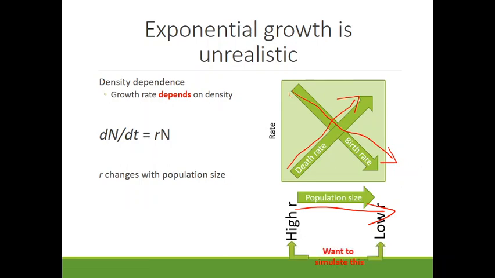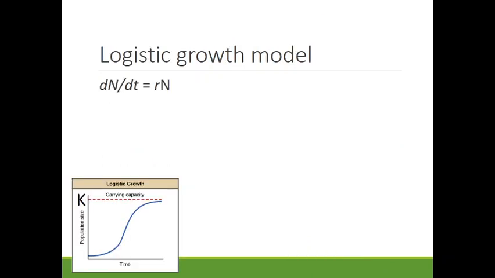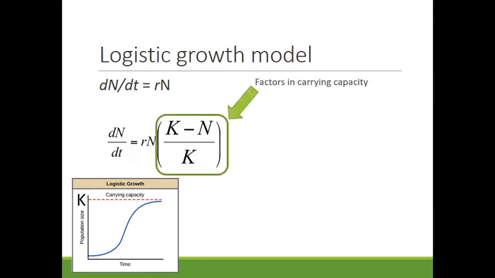So how do we simulate this? We want to simulate a changing r value with time. So we start off with that exponential growth equation, and we do something to it. We add this whole part there, and this is what we're going to use to factor in carrying capacity.